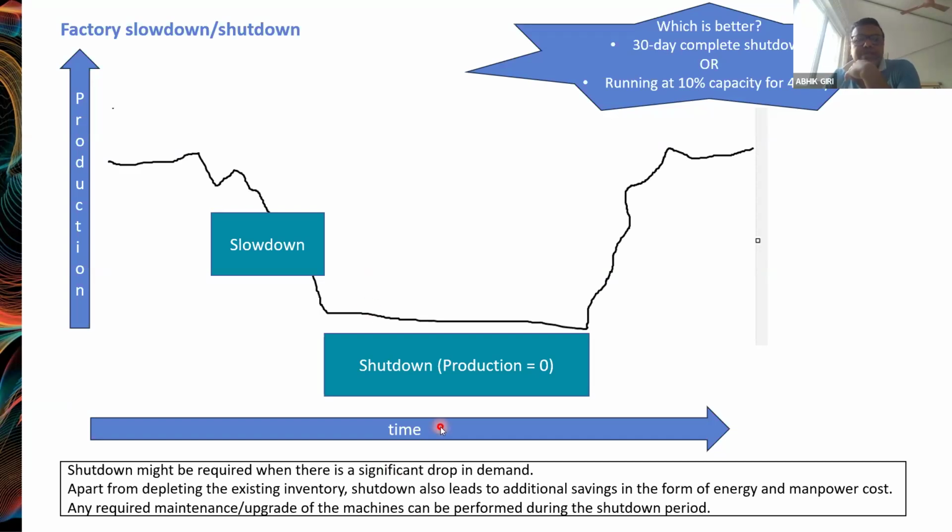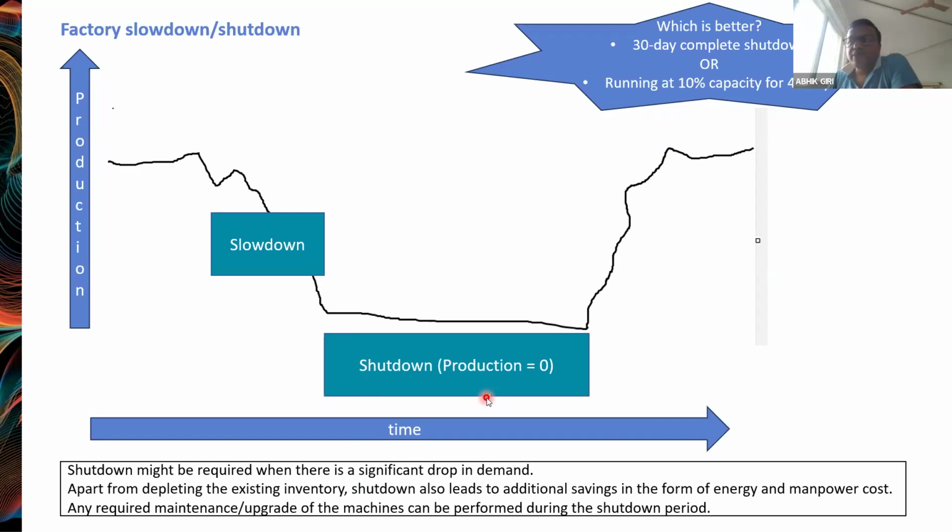Sometimes we can use optimization to understand when we should go for a shutdown or slowdown, and for how many days. Should it be a 7 day shutdown or a 14 day shutdown? Because if your demand is low and you're operating the factory at 10% capacity, you are still incurring some cost, because some people still need to come to the factory and your electricity would still be running.